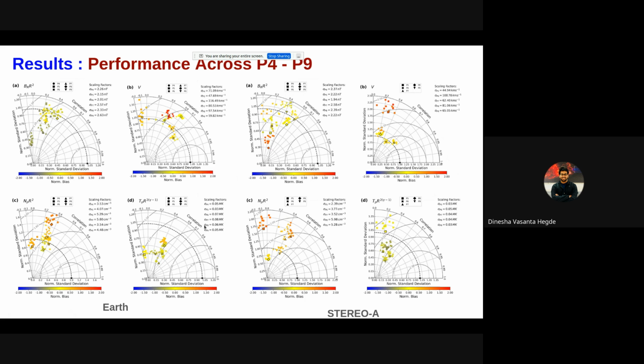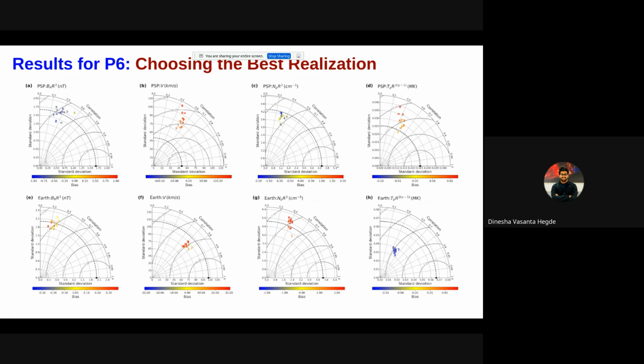What it shows is that these performances are inconsistent. They are not easily predictable. If you are doing well at Earth, how you are doing at STEREO or other spacecraft is not understood. You are using a model which is optimized for Earth, but can you use it for Mars straightforwardly? No. This is the importance of this result and the multi-spacecraft analysis.